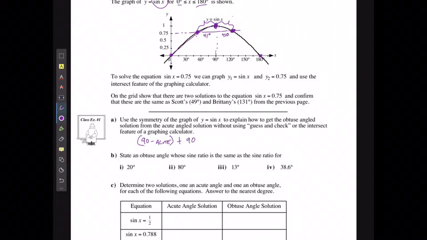The other way that we could simplify this is to say that it's going to be 180 minus the acute angle.